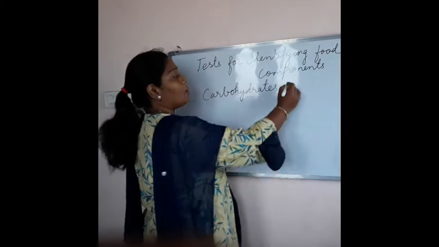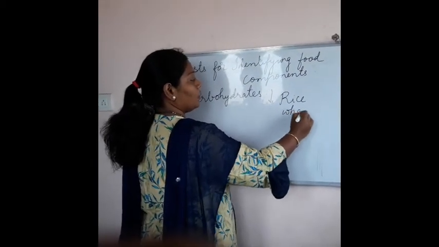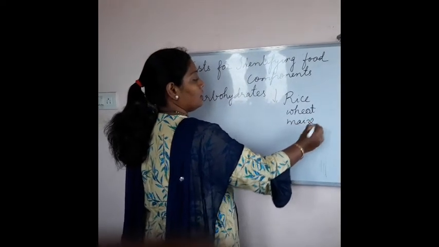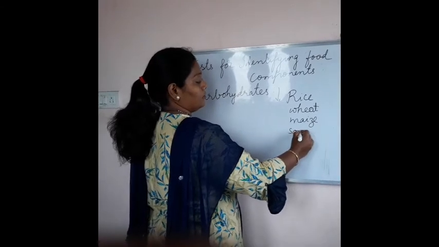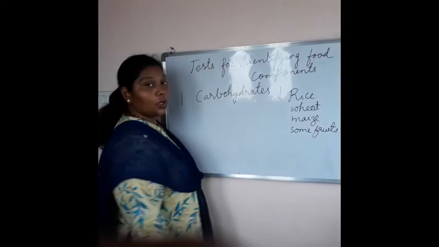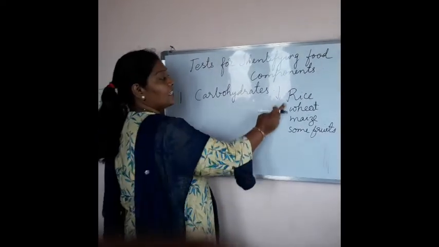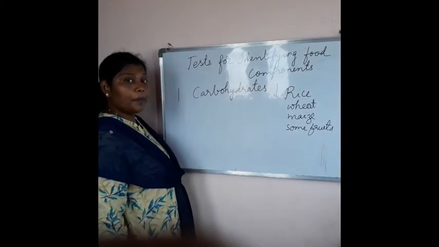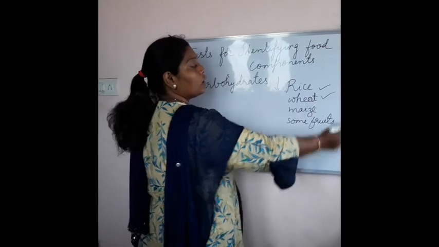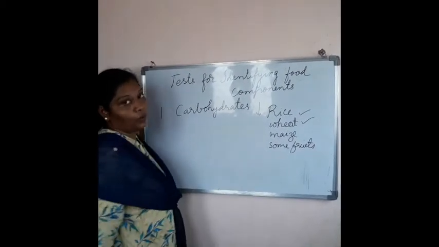We find these carbohydrates more in rice, wheat, maize, and some fruits. So, the main source of the carbohydrates is rice and wheat. Many of the people living all over India base their diet upon these two important cereals. This is the rice and wheat.